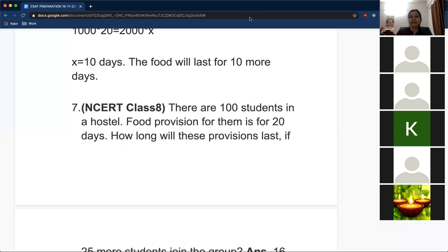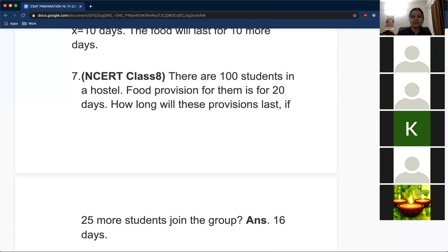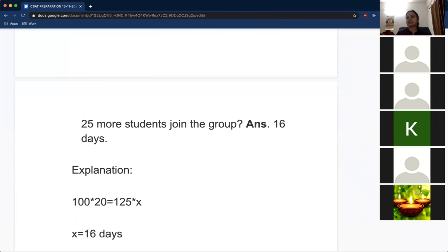100 into 20 is equal to 25 more, meaning 100 plus 25, 125 into x. 16 days, it will last. So 100 into 20 is equal to 125 into x.